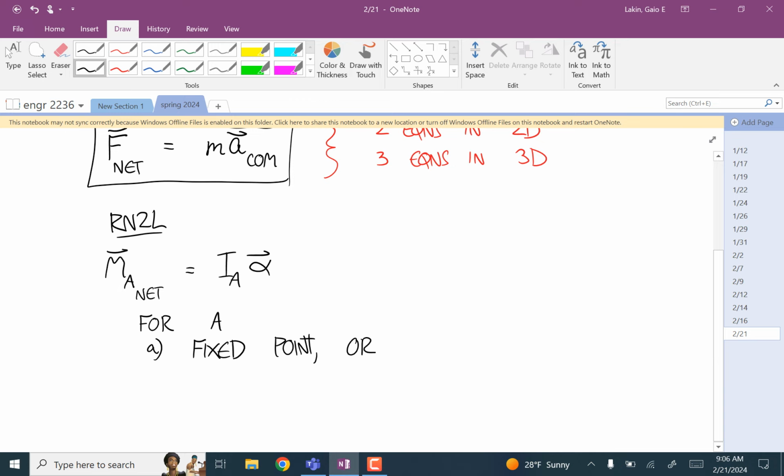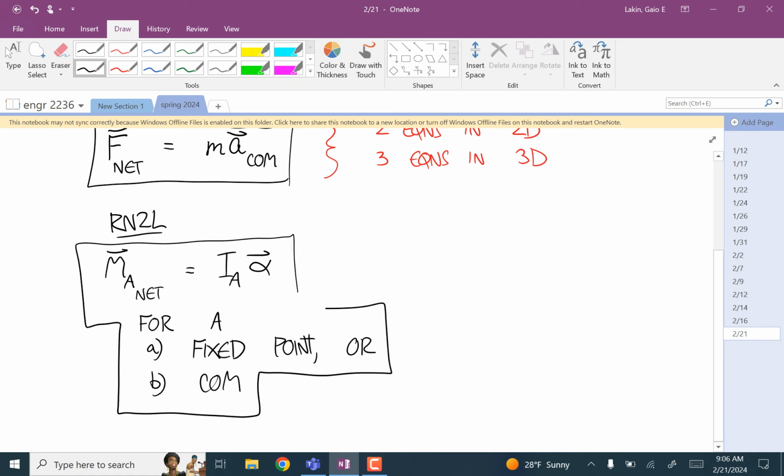Or the only other option is the body's center of mass. And this gives one equation if you're in 2D because there's only one axis of rotation in a plane. And three equations in 3D.